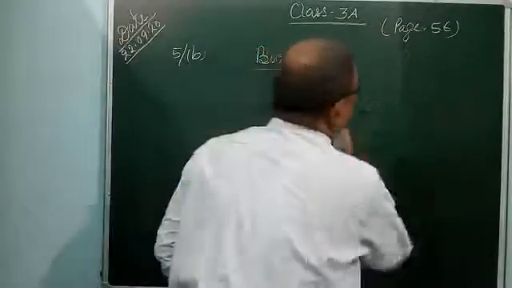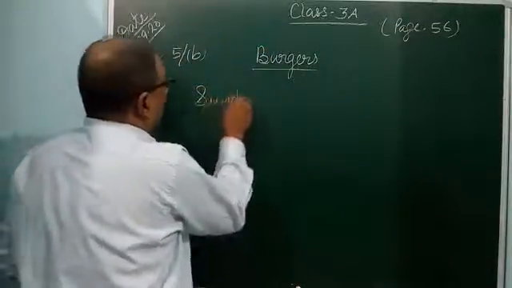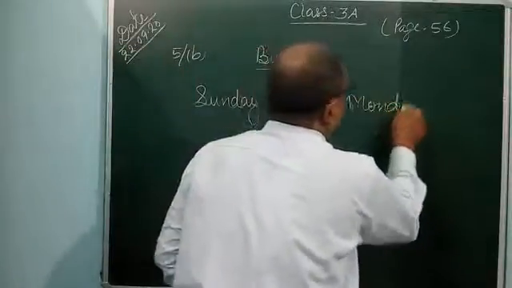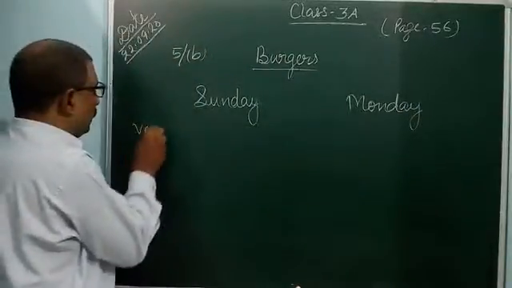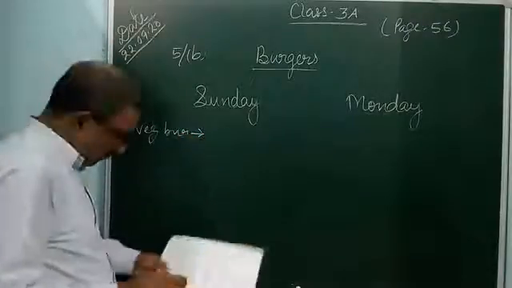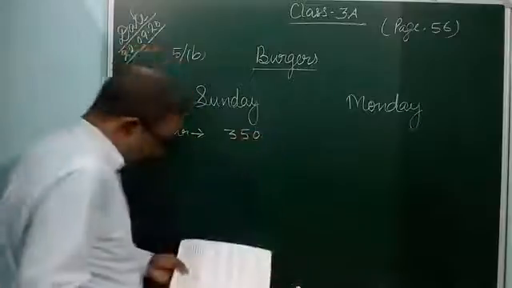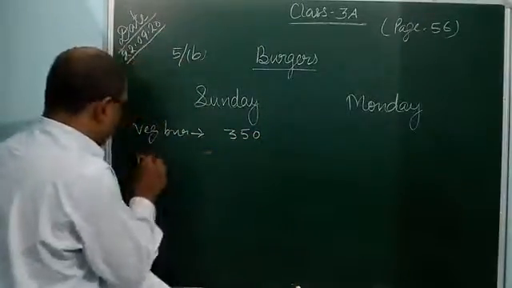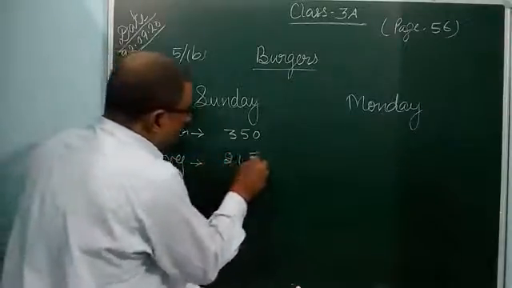You can write like this, burgers today, Sunday and Monday. You can write like this, the steps. So veg burgers, how many on Sunday? 350. And non-veg burgers, 215.